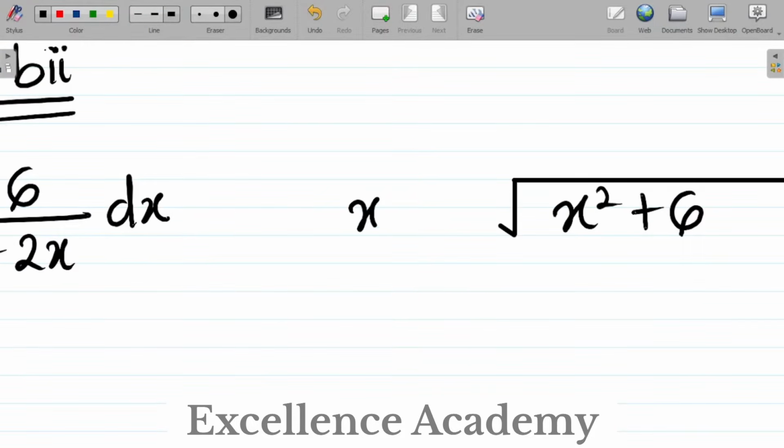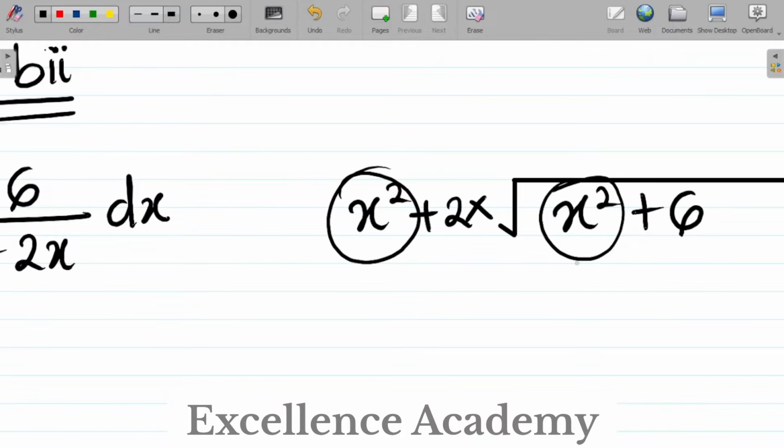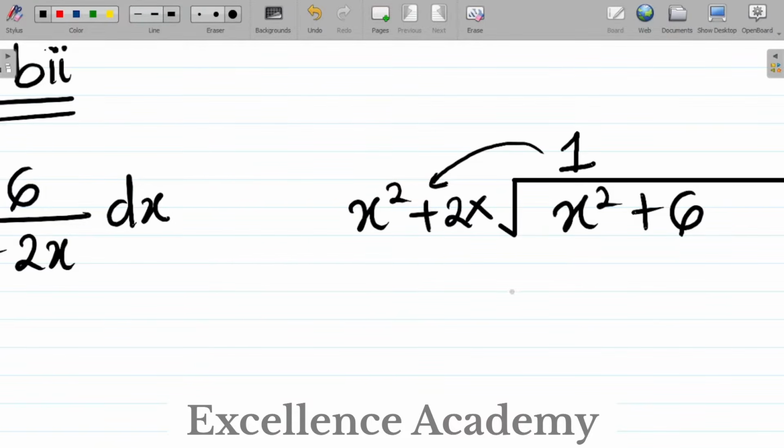You take the first term and divide it by the first term here. So I'm dividing x squared by x squared, and I'll have 1. 1 times everything you have here: 1 times x squared gives you x squared, and 1 times plus 2x gives you plus 2x.